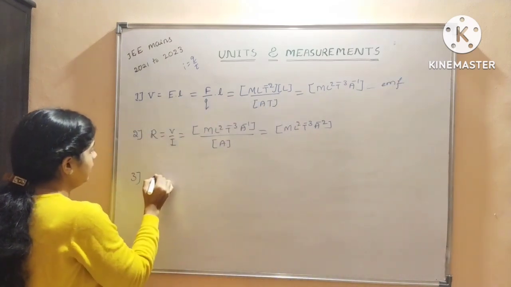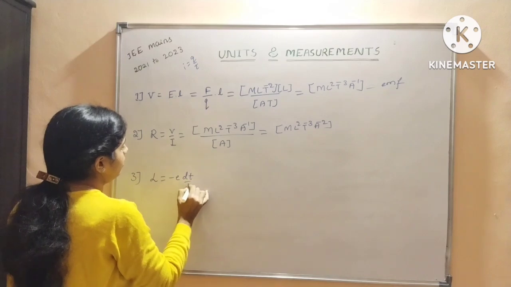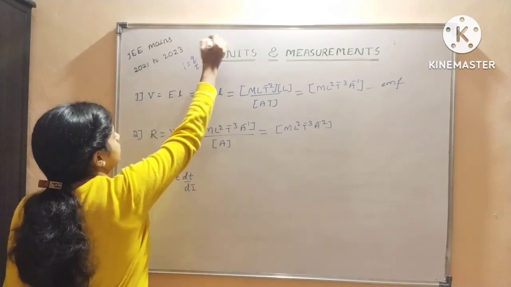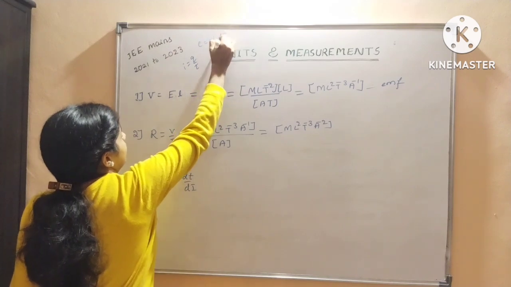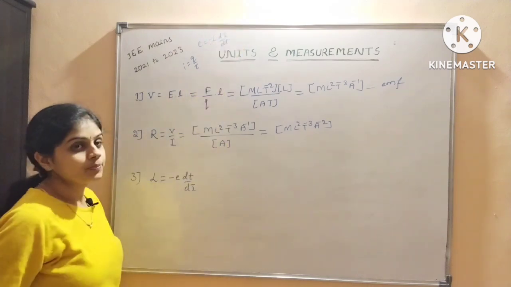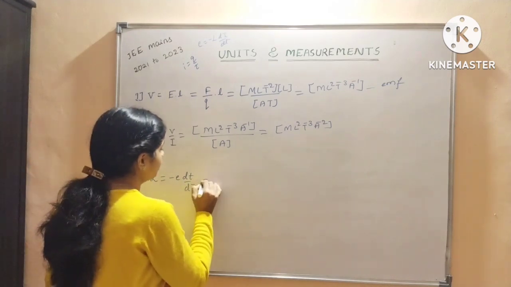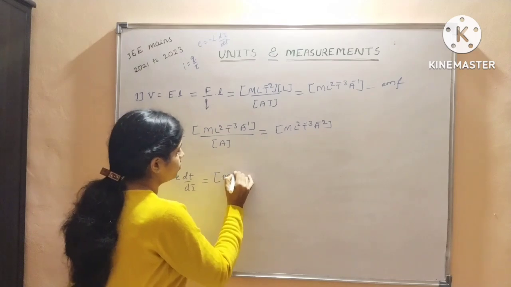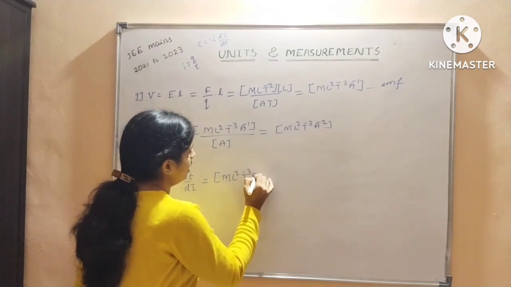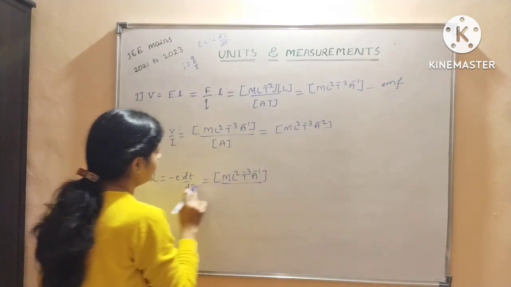Next, go for inductance. L equal to minus E into dt by di, because you know that E equal to minus L into di by dt, right? From this, L equal to minus E into dt by di, where EMF is having the dimension ML square T power minus 3 A power minus 1 by di.